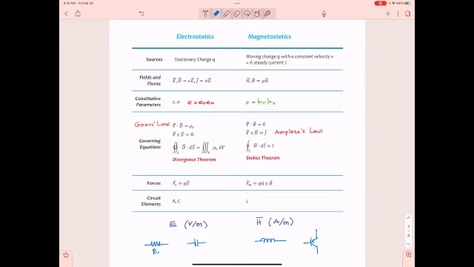A resistor means that as the current goes through, you lose energy. By defining the resistor correctly, you define the energy, the power you lose, correctly. A capacitor, if you define the capacitance, tells you how much charge it stores when you operate it.